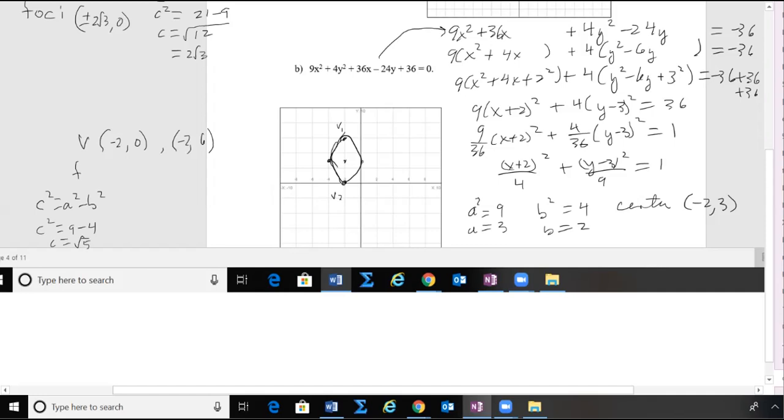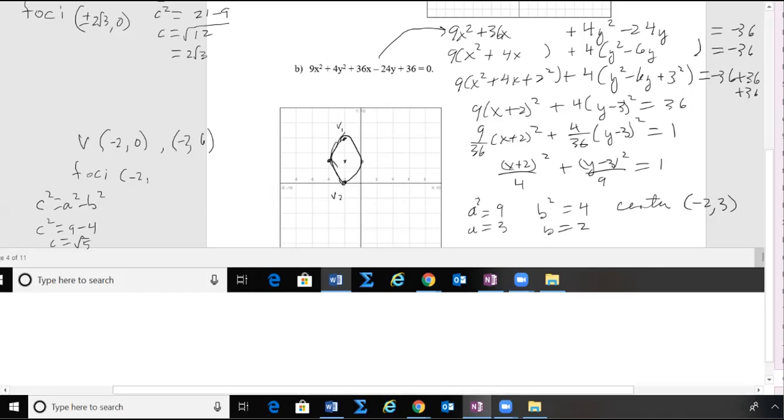Okay, so your foci would be at that -2, comma, root 5. Oh, hold on. It's not root 5. I have to be careful with that.